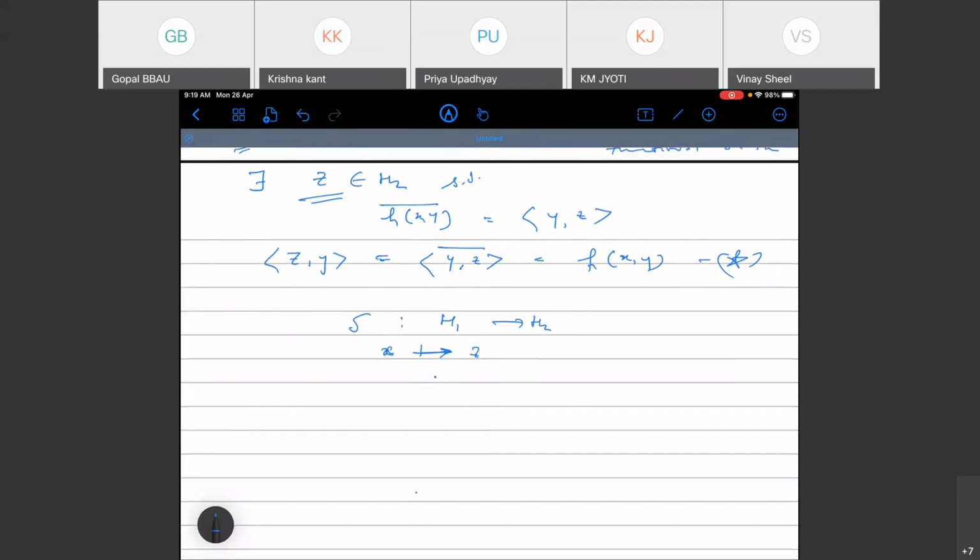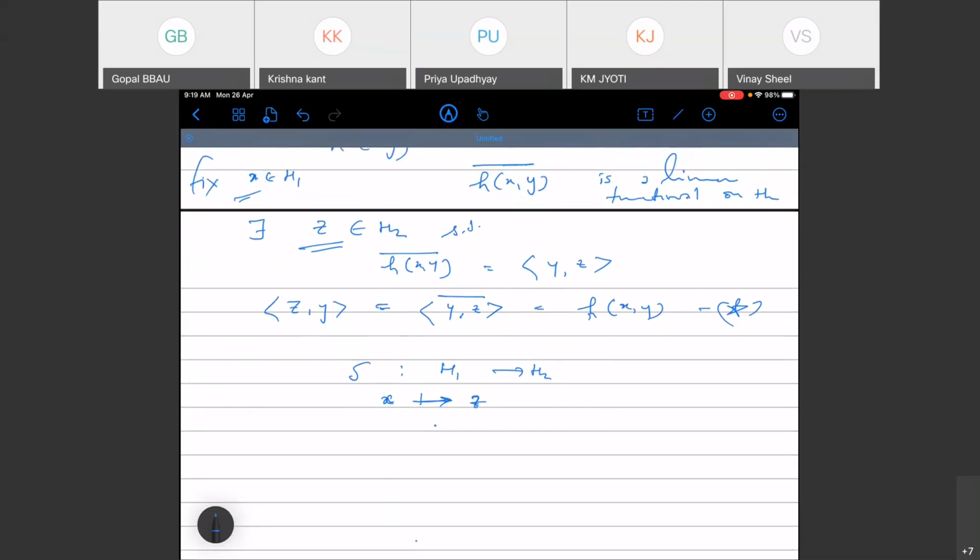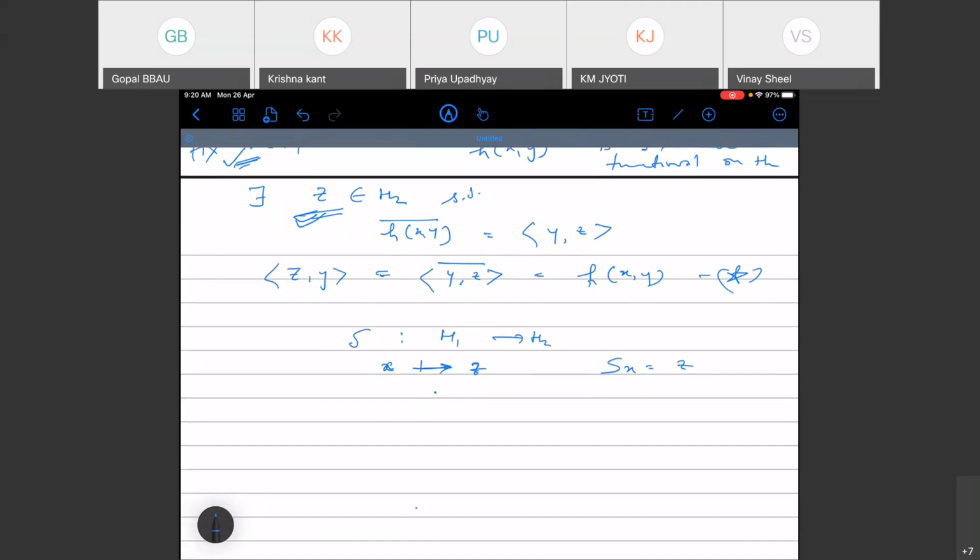Okay, so call this function s. See, this is a unique vector which depends on x. So there is a function which sends each fixed x to a unique z in h2. Call that function s, so sx equals z.